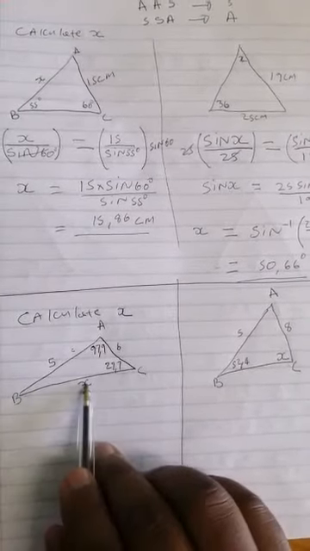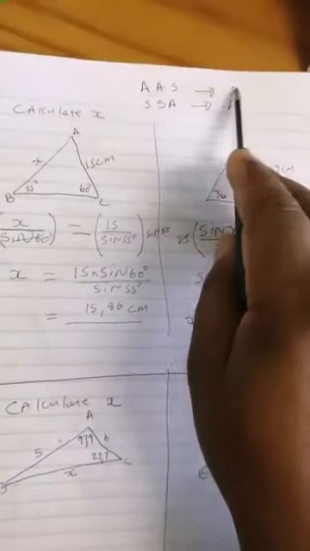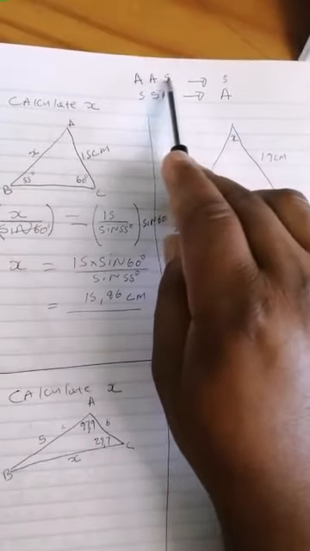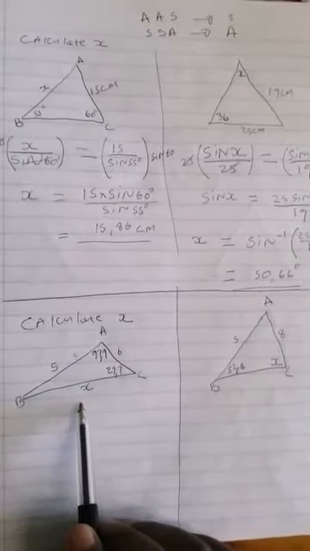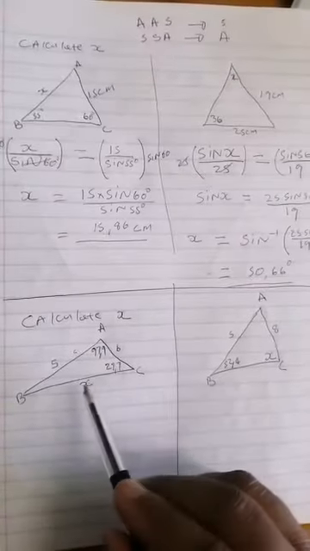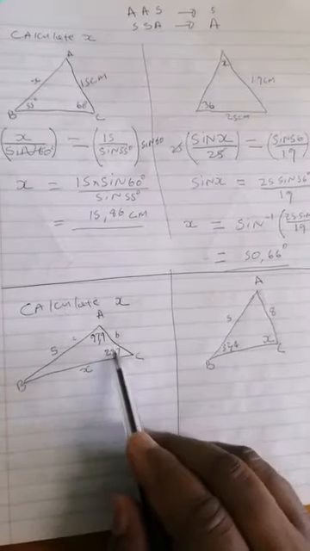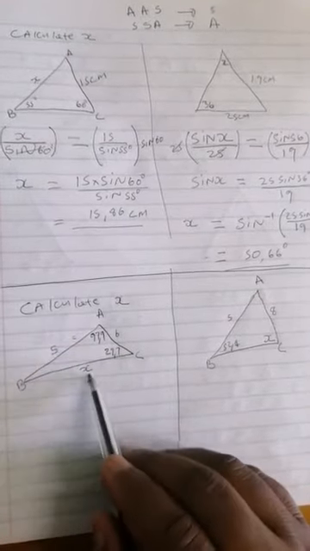Remember, we are looking for the side here. Now, when we are looking for a side, remember this is what you must have. You must have two angles and a side if you are looking for a side. Now, let's see whether you've got enough information. You've got two angles and a side. Yes. And you're looking for the side.